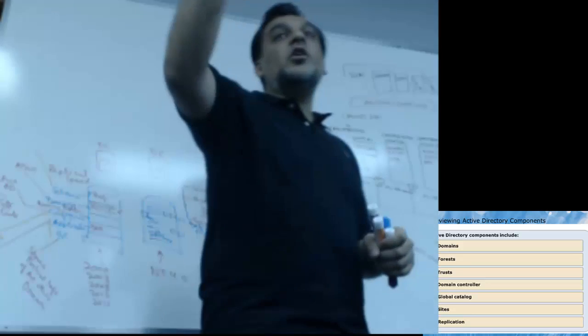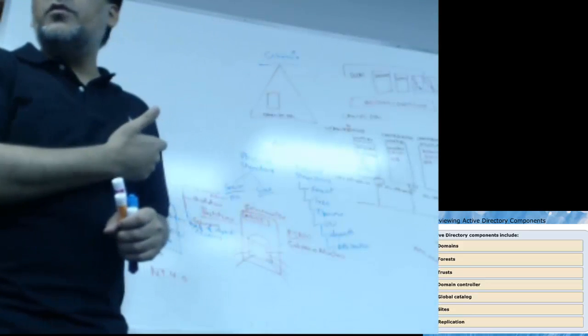Where is the full information of its own domain? It's actually in all these three. Full information is in all these three, but the partial information of other domains is sitting in this.